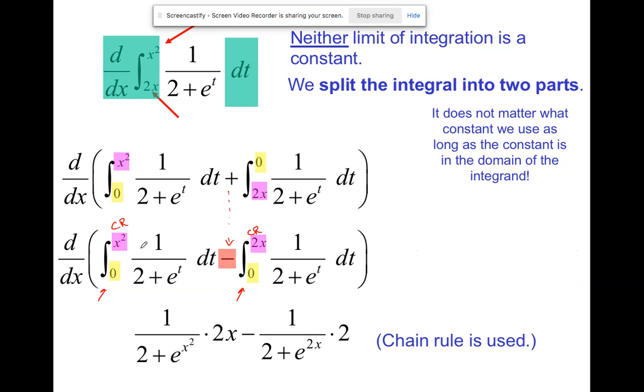So there I go. The derivative of the antiderivative dropped out the integrand. I replaced the t with x squared, and I spit out the derivative of x squared. I copied over the minus. I still have the derivative of the antiderivative, so I copied over the integrand. I replaced t this time with 2x, and I spit out the derivative of 2x.